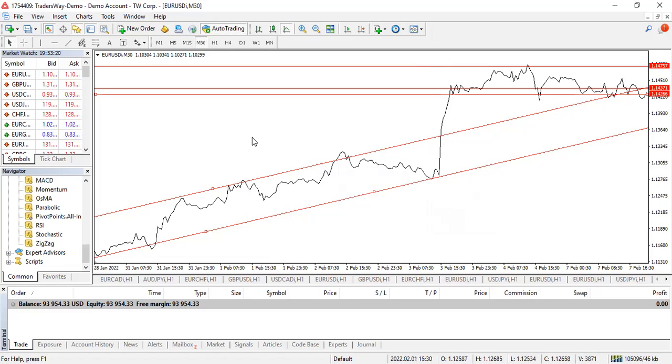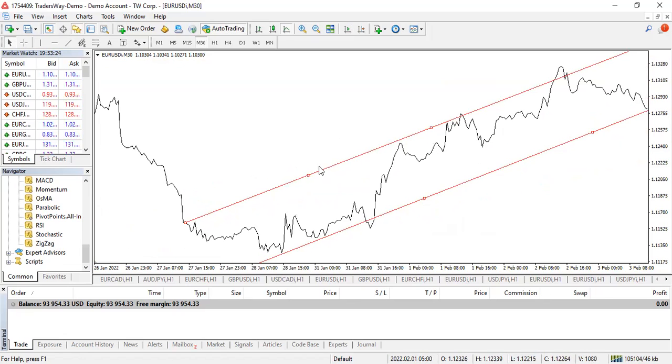Every one of us, this is an assignment for everybody. Go and find at least three trend lines and three channels. Three uptrends and three downtrends.